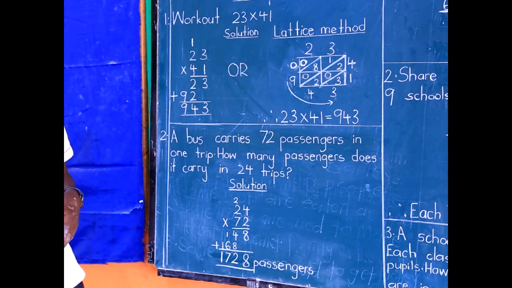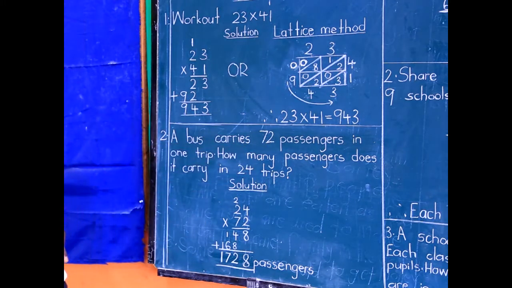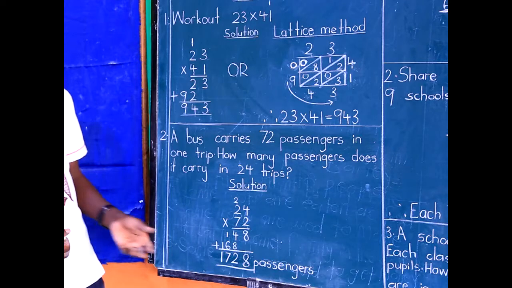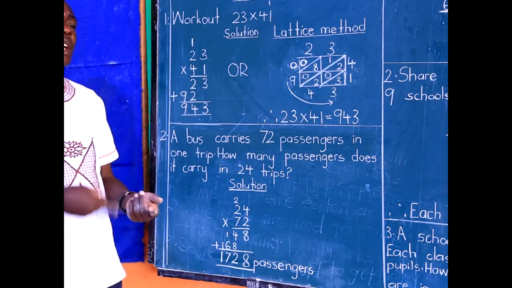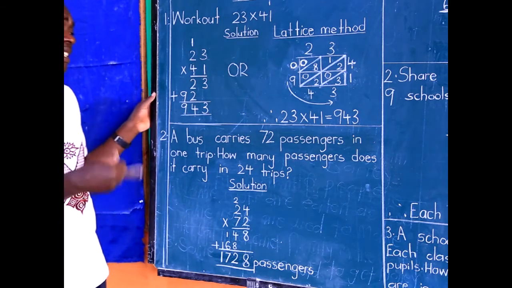You will think about the number of trips. So in a single trip, 72 passengers are carried by the same bus. What about 24 trips, meaning 24 turns of taking passengers? So those are times.